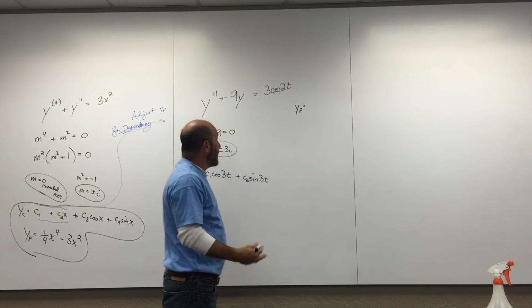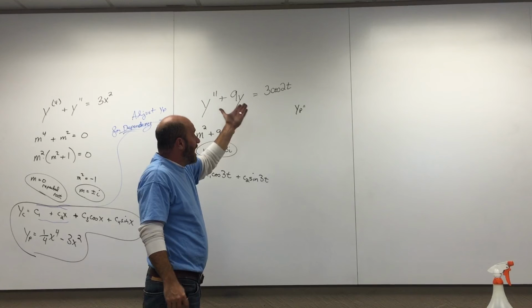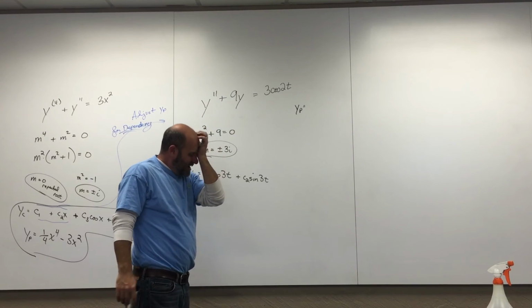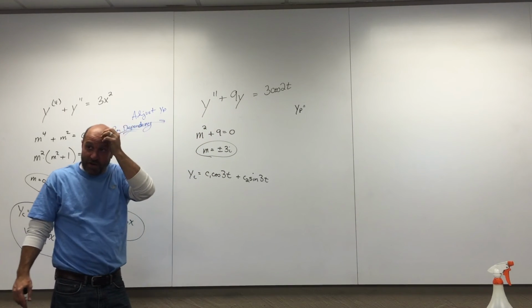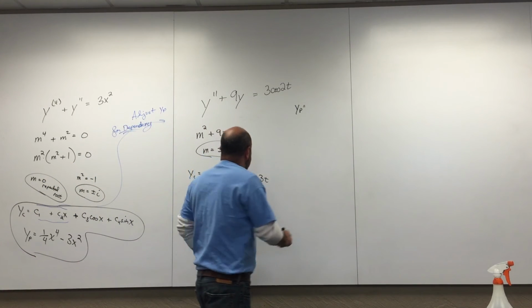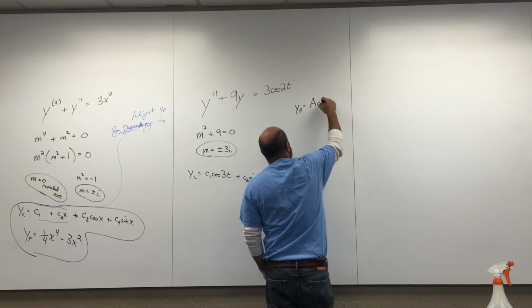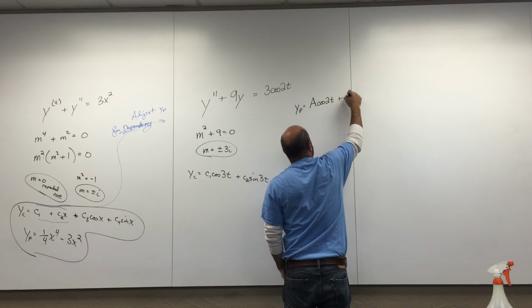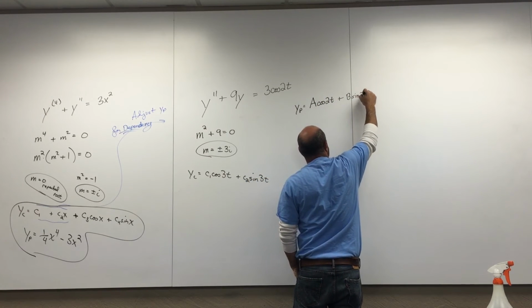The right side is cosine 2t, and my guess is sort of a generalized version of this. And this brings up maybe another new topic. Here's your guess, you guys. It's A cosine 2t plus B sine 2t.